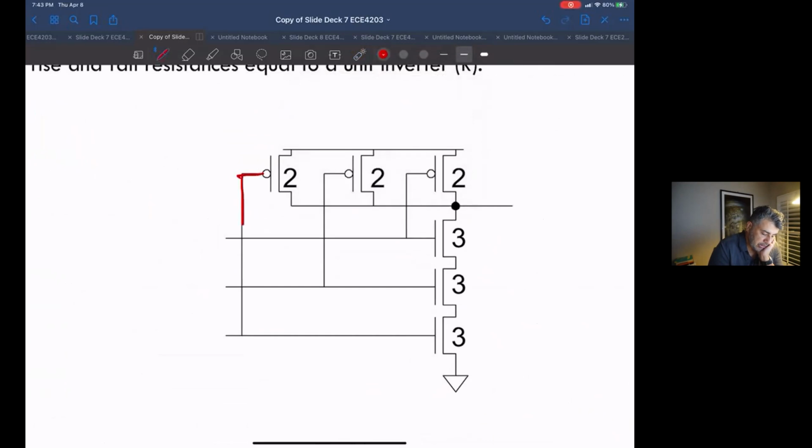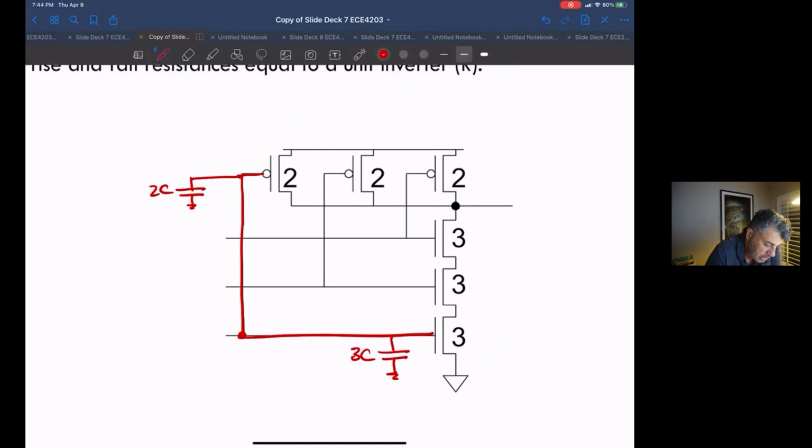This input is connected, so I'm gonna put a dot here, connected to that guy. So when I look at the gates, this guy here is 3 times wider than a minimum device. So its gate capacitance is going to be 3 times larger than a minimum device. And this PMOS is twice as wide as a minimum device, so its gate capacitance is going to be 2C.